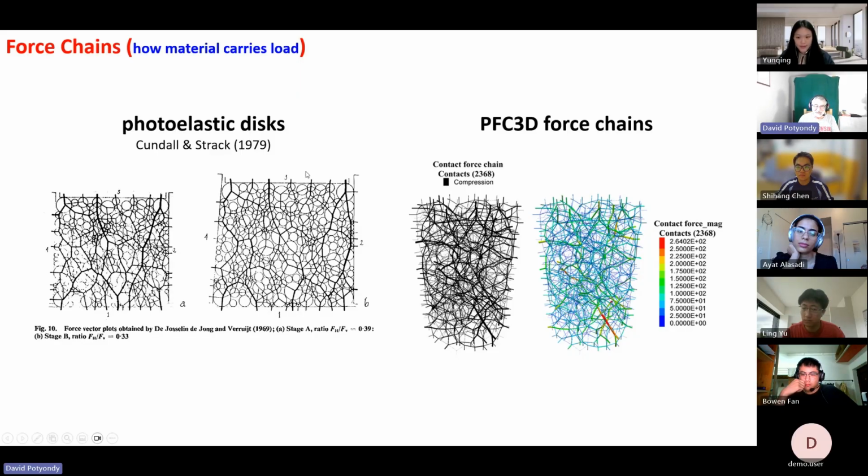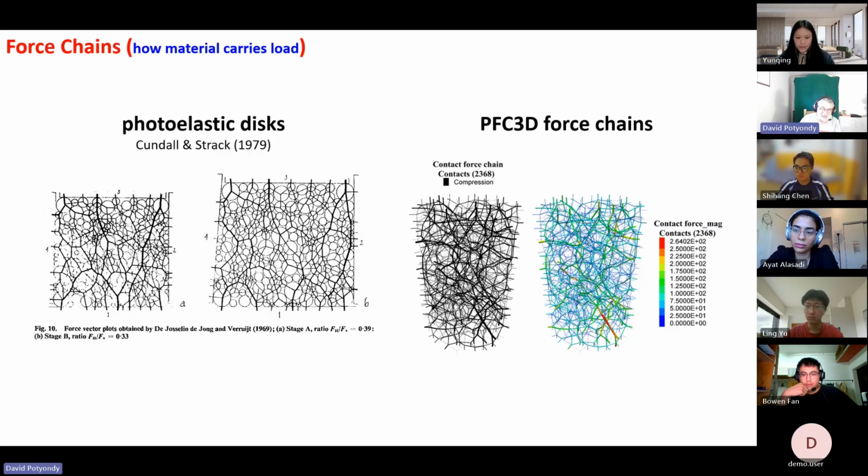But if you compress it vertically, and put very small confinement here, most of the force chains will be going vertically. And so this is one way to begin to quantify. That's like a big crude quantification. What direction are most of the force chains going?